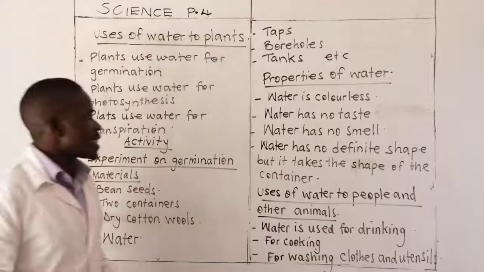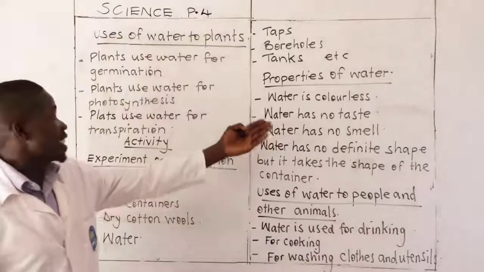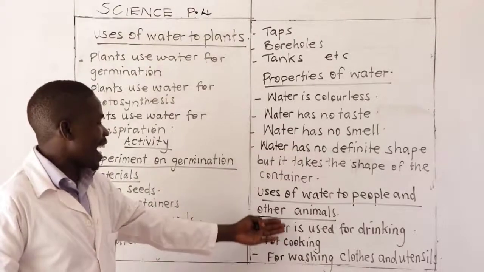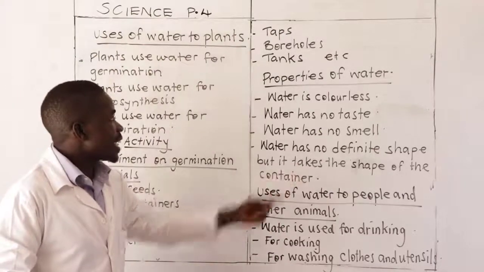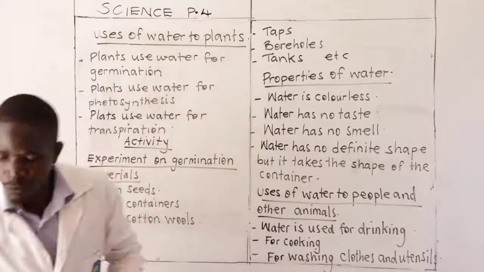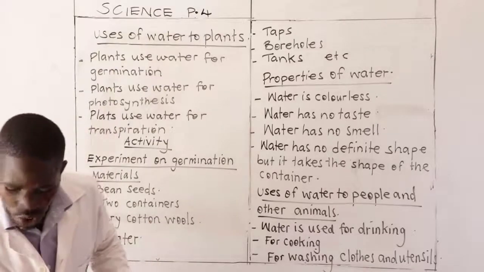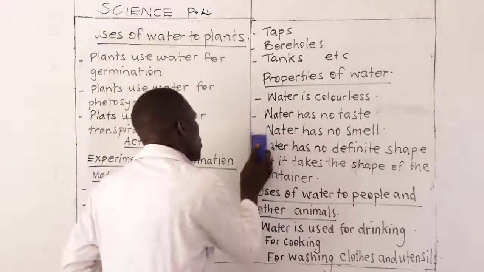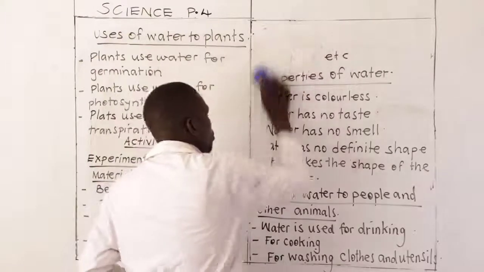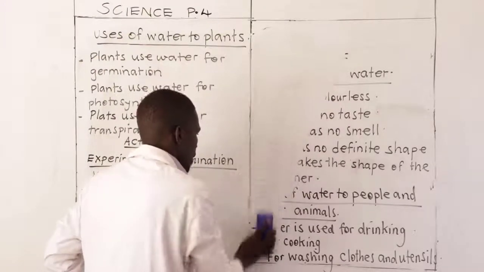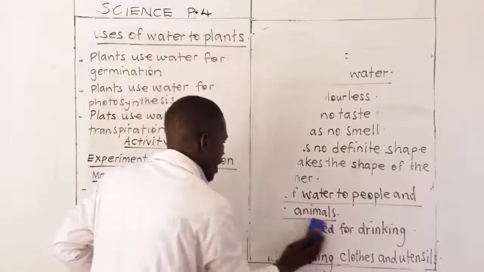Then let us erase the side. I've told you, as I erase, these were the properties and uses of water. After removing what is on the side, we look at the steps. This is a very good activity you are going to do.